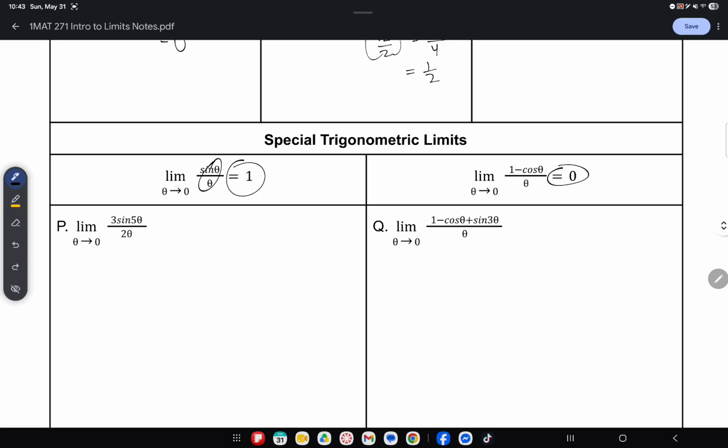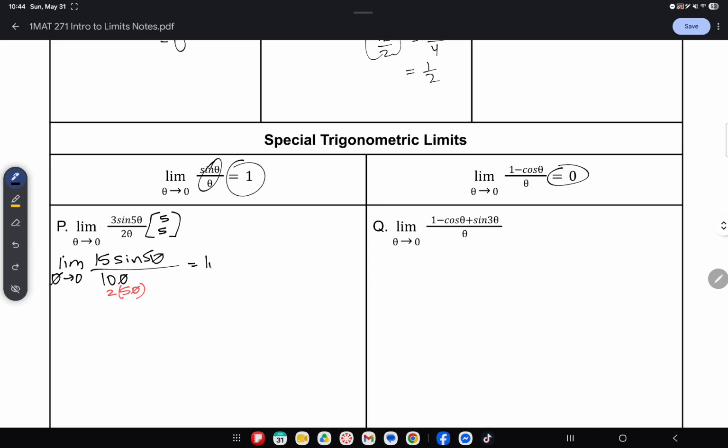So what I can do is multiply both numerator and denominator by 5. And let's see what happens when I do that. So I got theta minus 0, as it goes to 0, sorry. That's going to be 15 sine of 5 theta over 10 theta. And then I think I can factor a number out, so that instead of 10 theta, we actually have 2 times 5 theta, right?